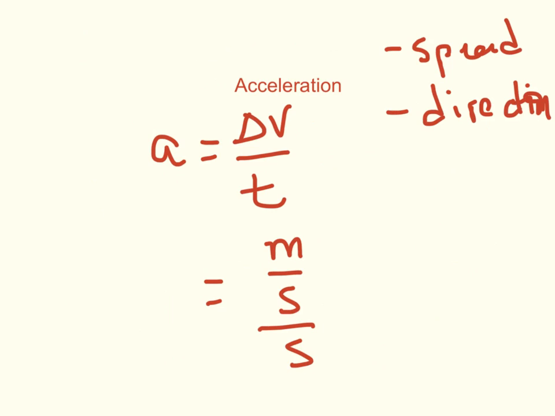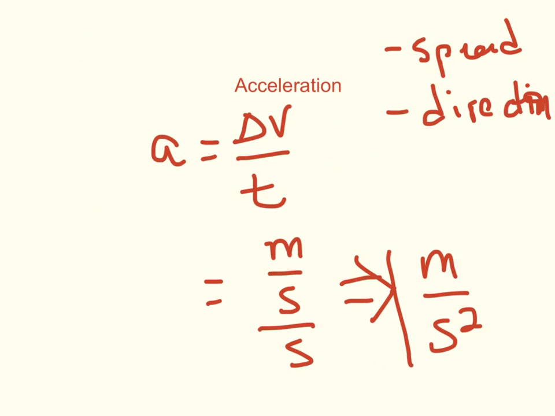Now, if you reduce meters per second per second, it reduces down to meters per second squared. Prove that to yourself by multiplying by the reciprocal. The reciprocal of s is 1 over s. m over s times 1 over s is equal to m over s squared. So quite often, that's the way you'll see it written. But I don't mind if you say meters per second per second. It'll help you understand it a little bit better.